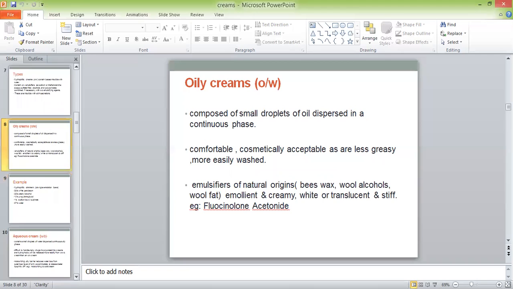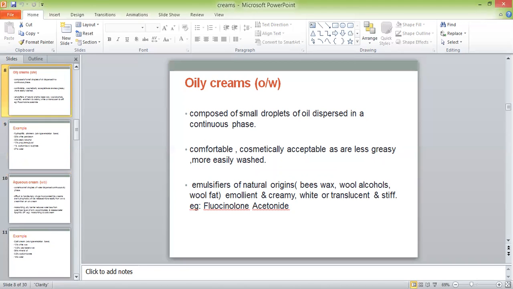Oil and water emulsion basically consists of small droplets of oil which are dispersed in the continuous phase, which is water, in the case of oil and water creams. These creams are comfortable, and they are very much cosmetically acceptable.